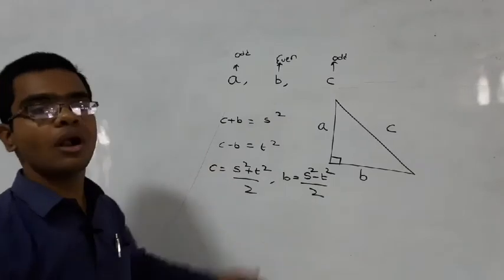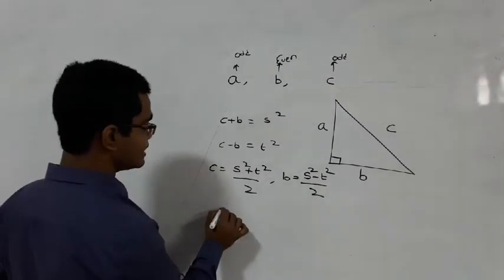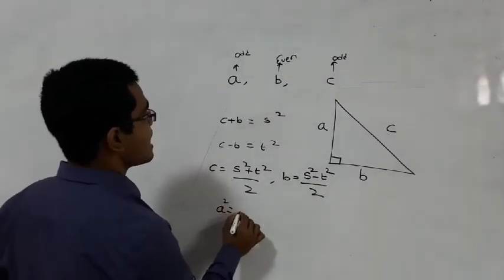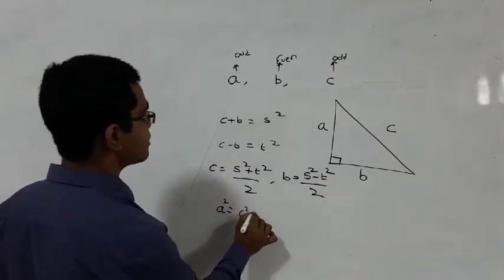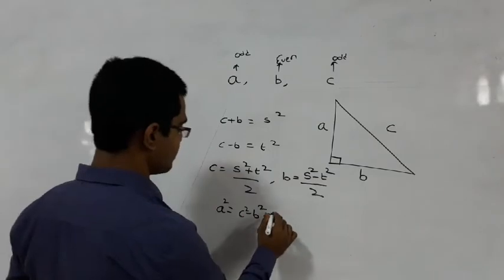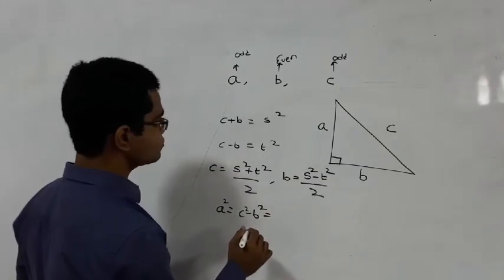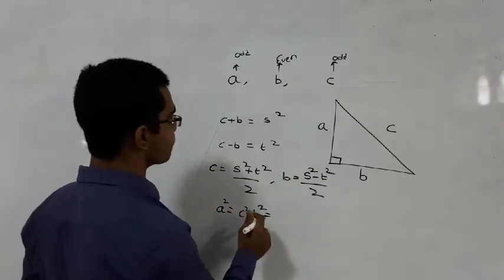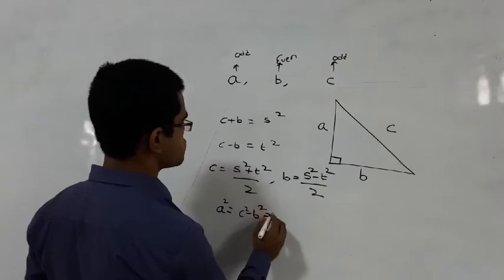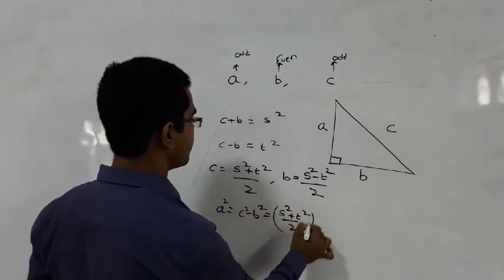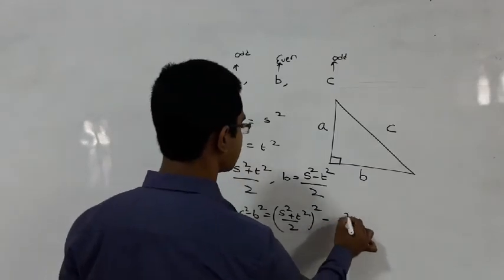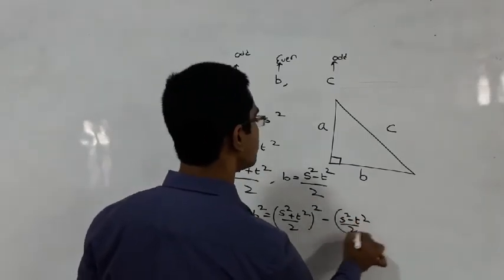Now if we want A square, A square is equal to C square minus B square, nothing but S square plus T square by 2 whole square minus S square minus T square by 2 whole square.